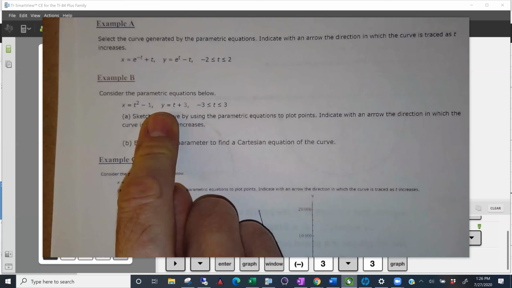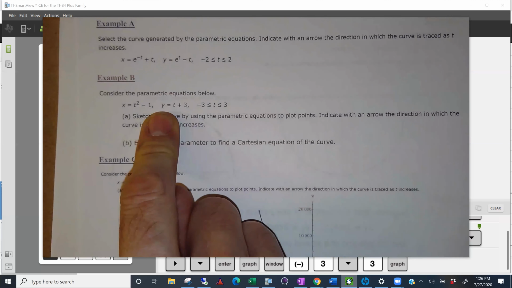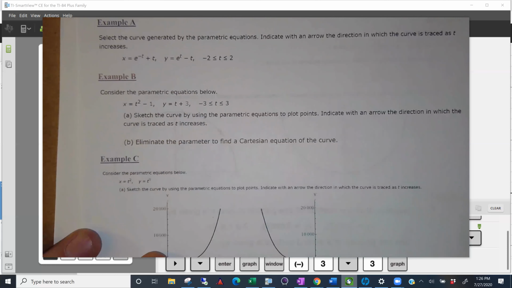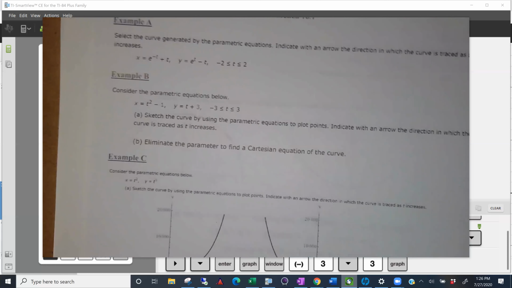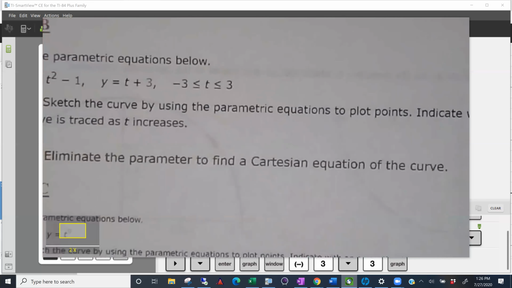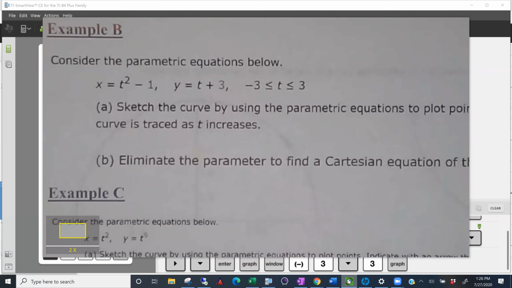So these are our equations. And let's see. There we go. So those are our equations. I'm going to copy those down, then put them in our calculator. Do a little bit more.